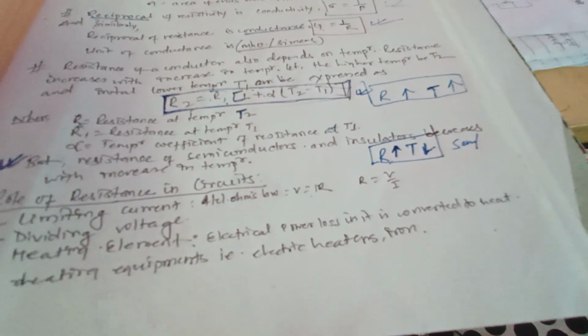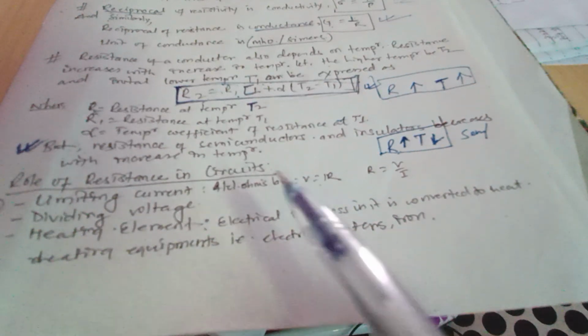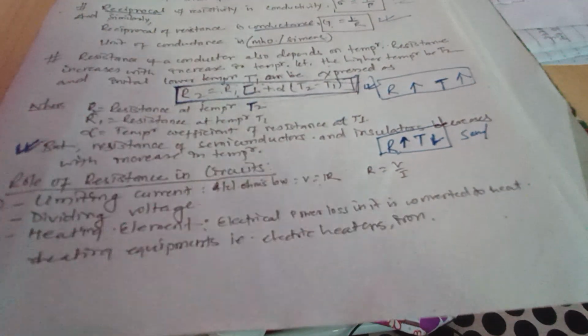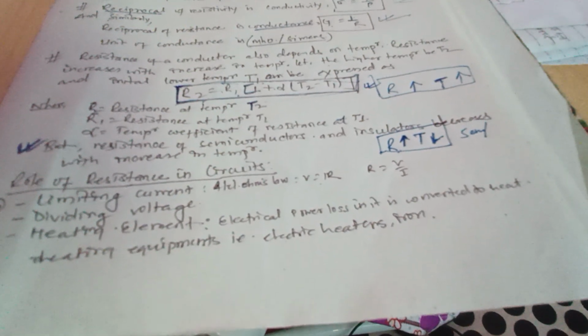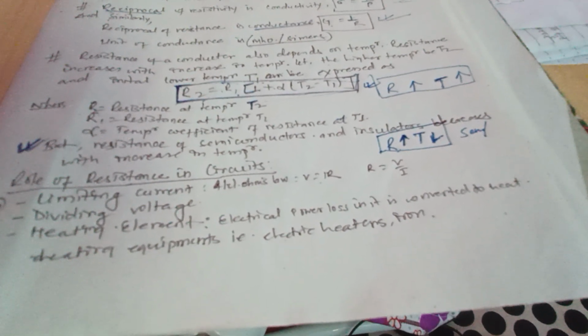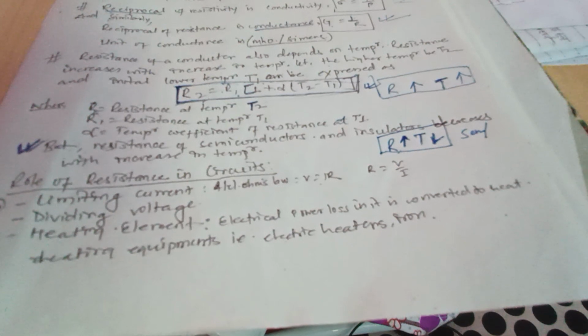Now, there are basically three roles of resistance in a circuit. The first one is limiting current. It limits the amount of current flowing through the circuit.